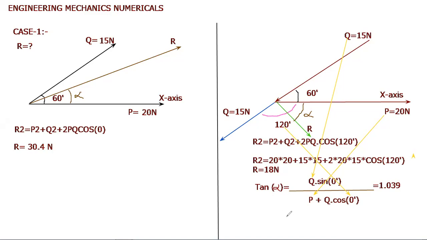Alpha is equal to 46.1 degrees. That value you will get near about.